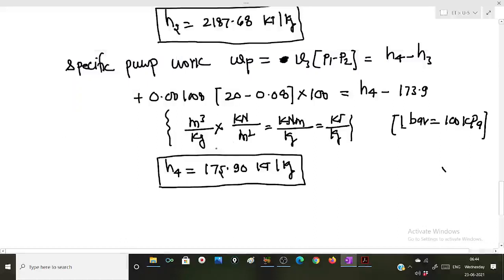Please remember this. The pump work formula is V3 into P1 minus P2 is equal to H4 minus H3. So this minus sign will be plus sign and the calculation for H4 gives 175.90 kilojoule per kg.